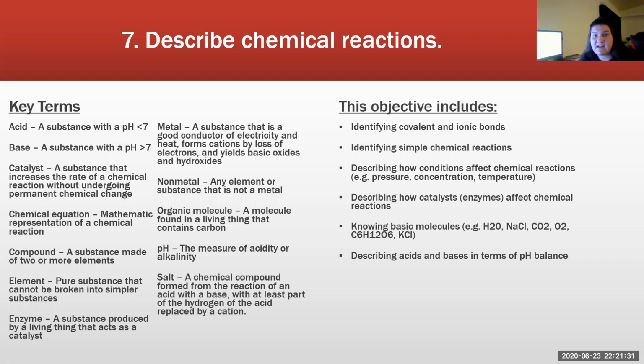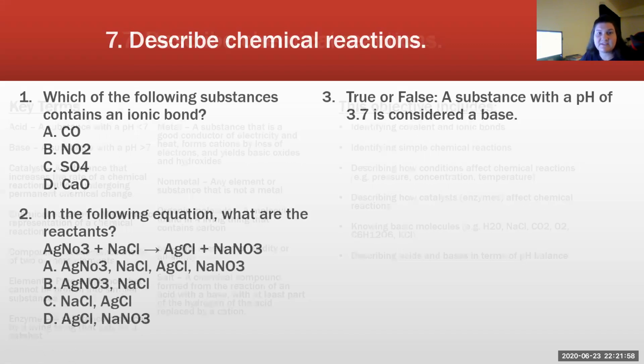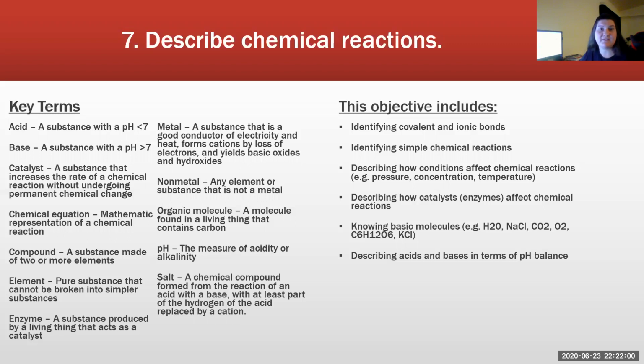And describe how catalysts affect chemical reactions. Again, that's kind of coming back to that enzyme thing. And know basic molecules. For example, H2O is water, NaCl is salt, CO2 is carbon dioxide, O2 is oxygen, C6H12O6 is simple sugar, and KCl is potassium chloride. And we need to describe acids and bases in terms of pH balance.